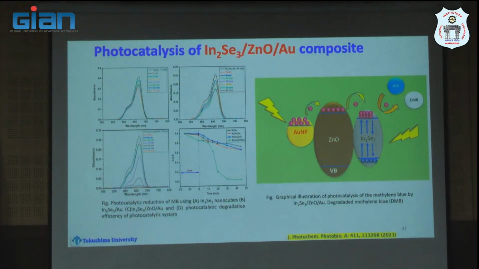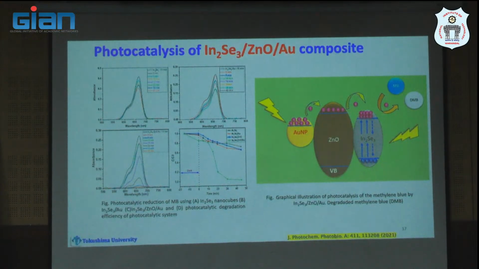Now look at the performance. Here, A is the indium selenide nanocube, the B figure is indium selenide with Au, and the C figure is the ternary composite. Performance-wise, the individual nanocube cannot show better performance, then when we add Au it improves a little, but after making the ternary composite, look at the efficiency.